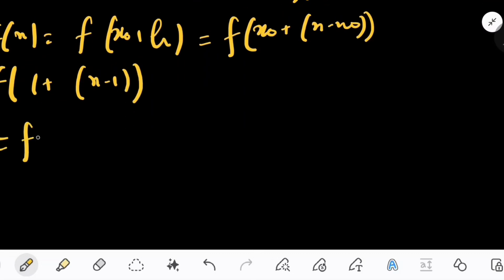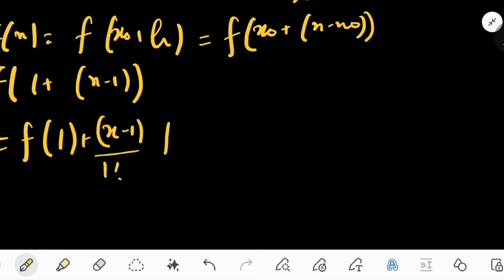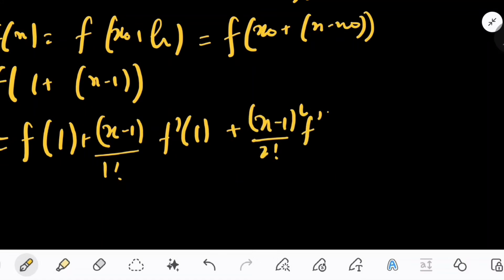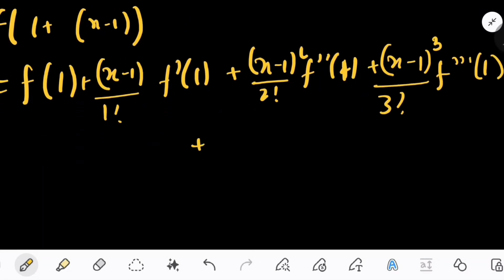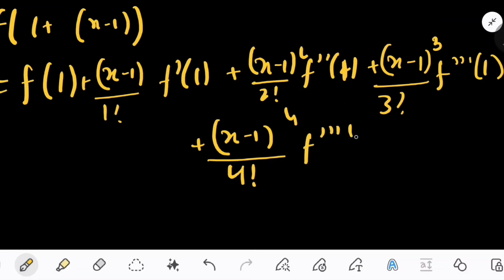So simply just open it. f at 1 plus (x minus 1) upon 1 factorial into f dash of 1 plus (x minus 1) whole square by 2 factorial into f double dash of 1 plus (x minus 1) whole cube by 3 factorial into f triple dash of 1, plus since you are going till the fourth expression, you will simply write (x minus 1) to the power 4 by 4 factorial into fourth derivative at 1, right? Simply just do it like this, okay?